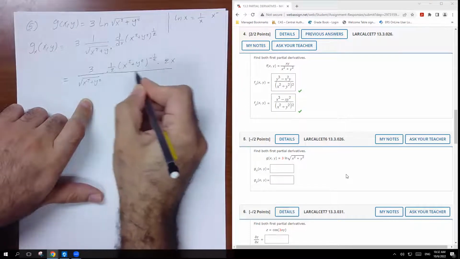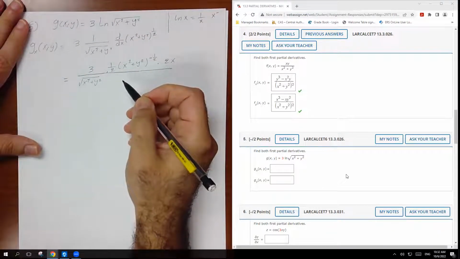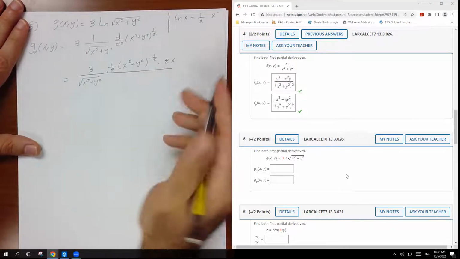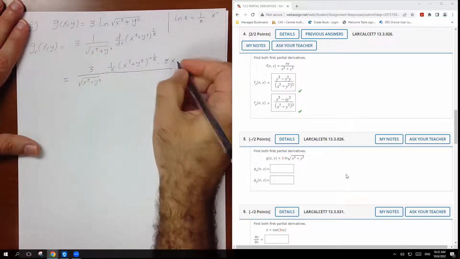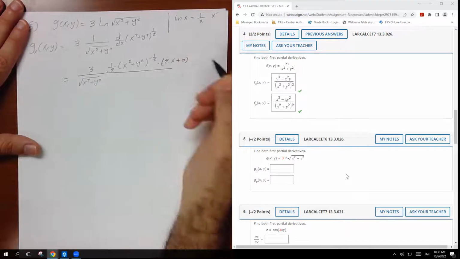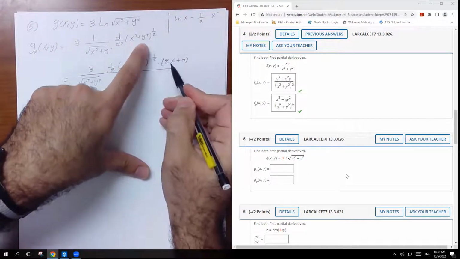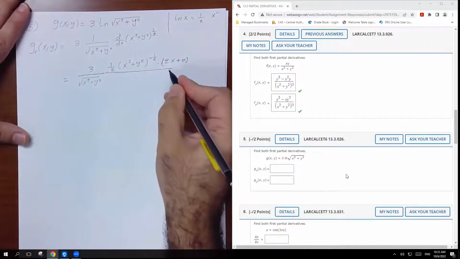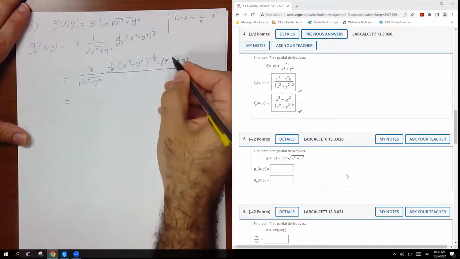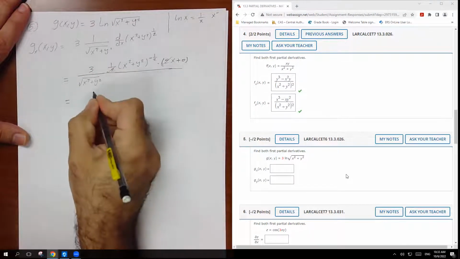You can do this, it's fine. Now let's just simplify it. So this is the derivative. Next step, for the derivative of the inside you can write 2x plus 0, so you don't get confused. We're taking the derivative of everything inside with respect to x. That means 2x, but y is a constant, so it's 0. Now just simplify it. This 2 cancels with this one, so what's left here is 3x.